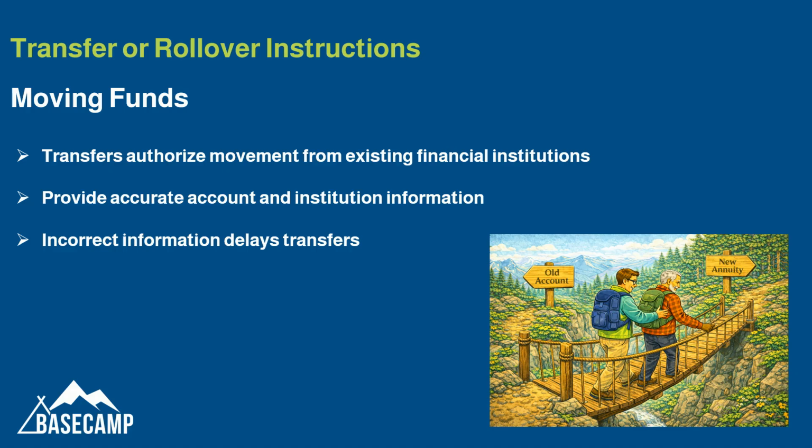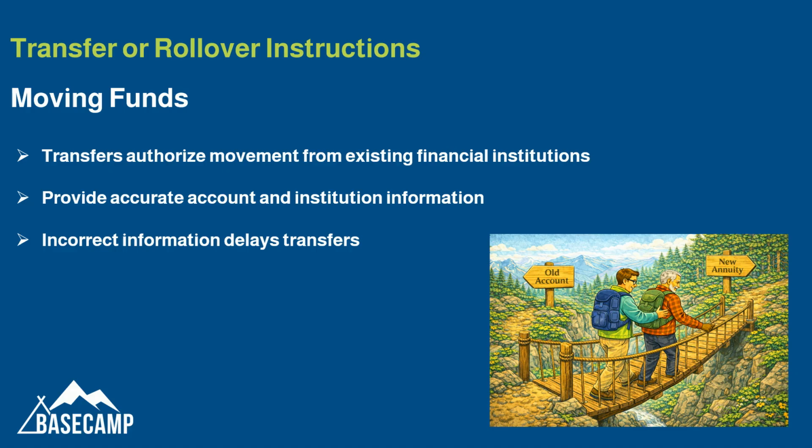Even small errors, like an incorrect account number or institution name, may slow things down if the receiving company needs to request clarification. In many cases, carriers may also request a recent account statement from the existing account. That document can help confirm the account information and support the transfer request being submitted with the application. The illustration on the slide reflects this step as well.